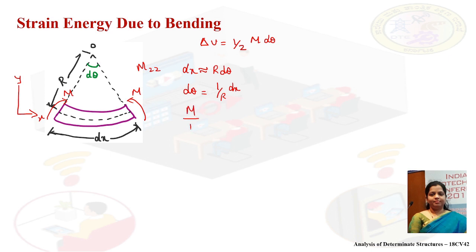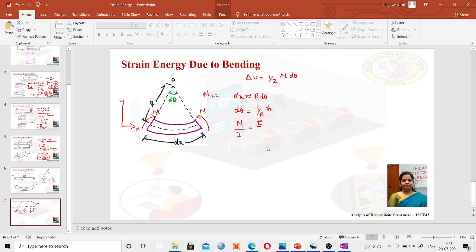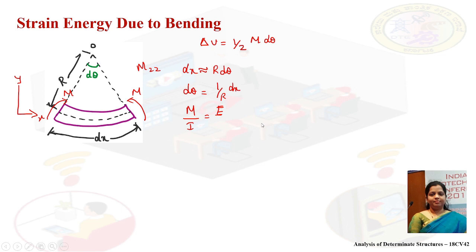Also, we know that M by I is equal to E by r. 1 by r will be equal to M by EI.